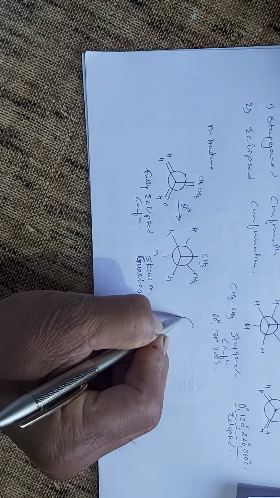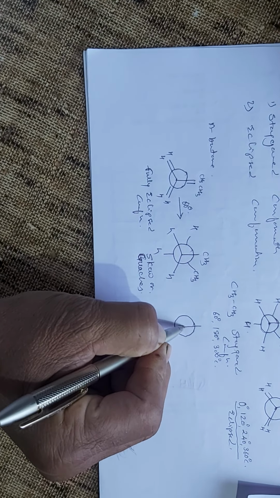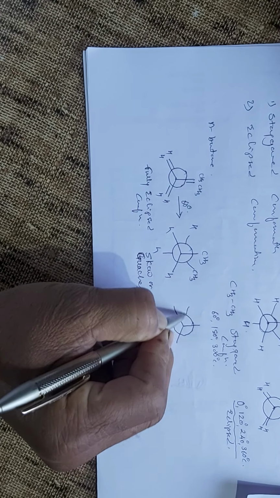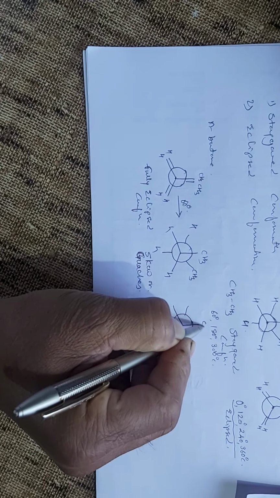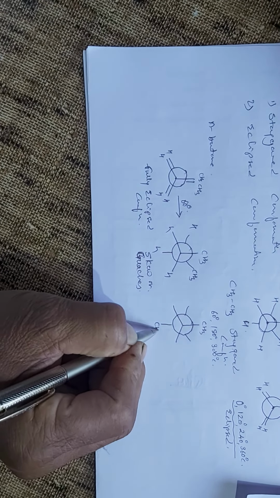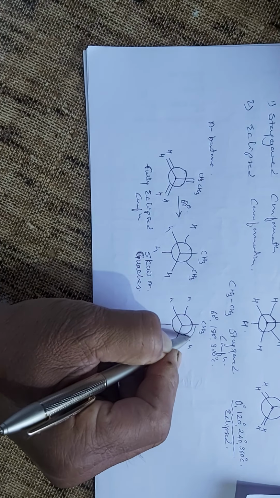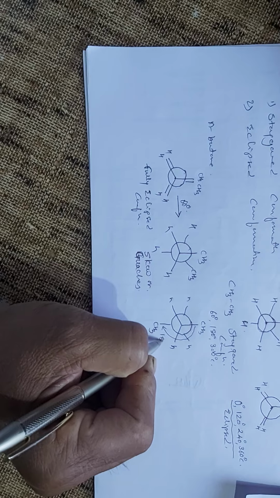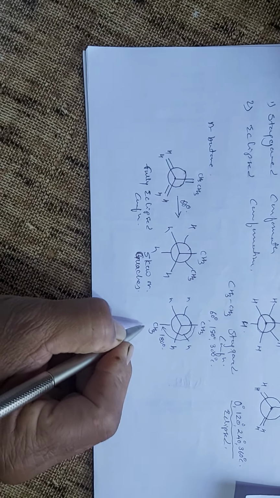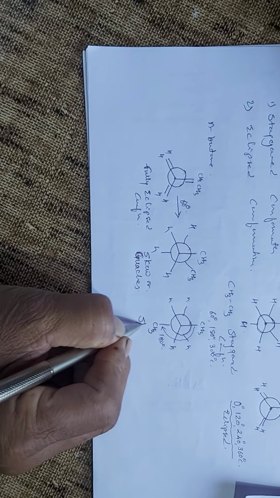Then the other conformation that you get is when the two bulky methyl groups are on the opposite side of each other, by rotation to an angle of nearly 180 degree. So this is called your staggered conformation.